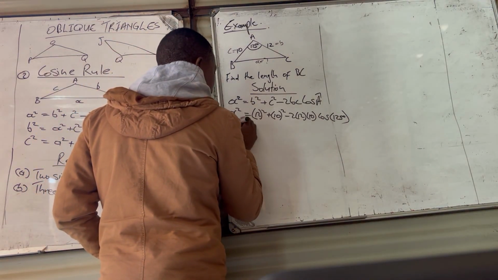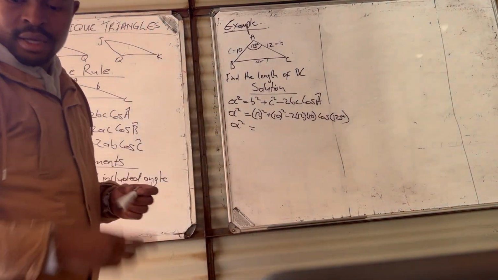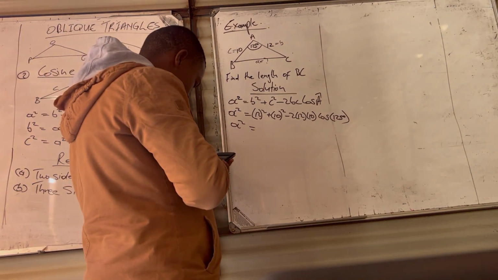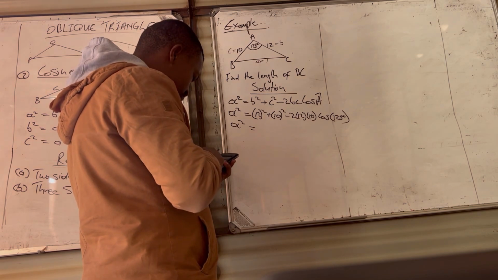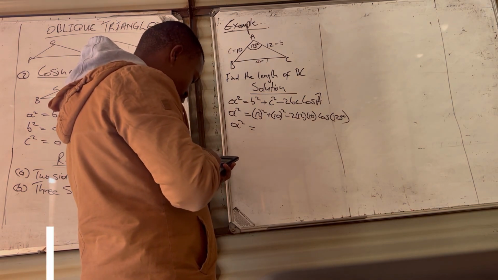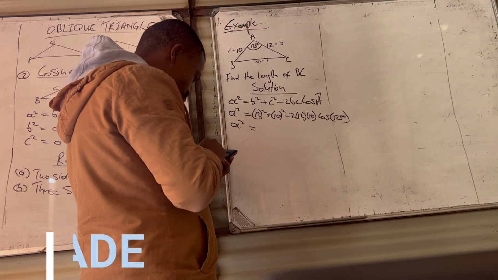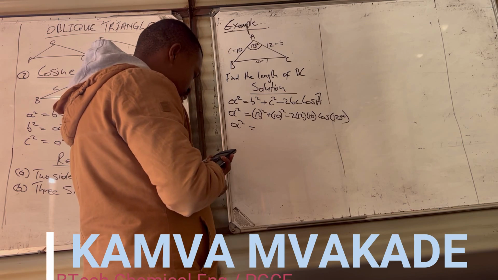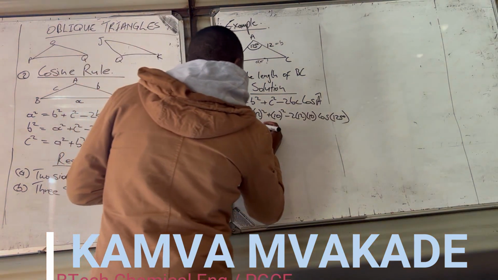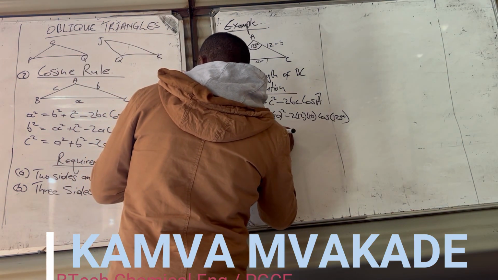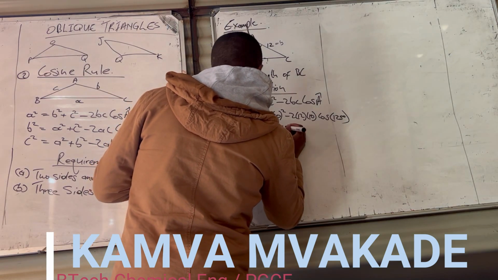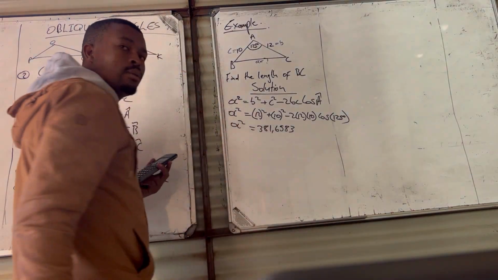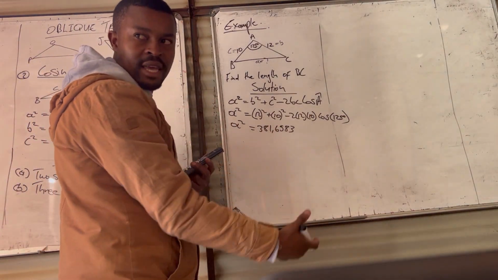I punch it in the calculator: 12 squared plus 10 squared minus 2 times 12 times 10 cos of 125, which gives 381,65883. We are working with four decimals, keeping the final answer.